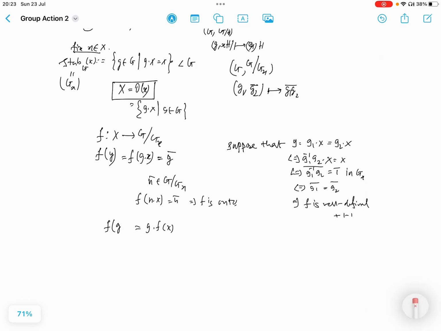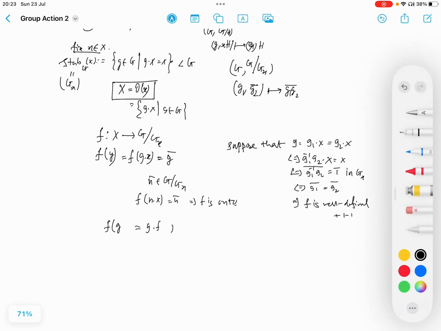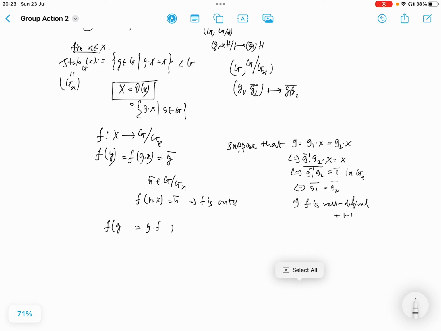Take any G1 from G and say Y from X. Now Y is some G dot x, and this G is independent of the choice, this map we have already shown. So you can take any such G. Then by associativity of the action, you will get G1 dot Y, and that is just G1 G bar.